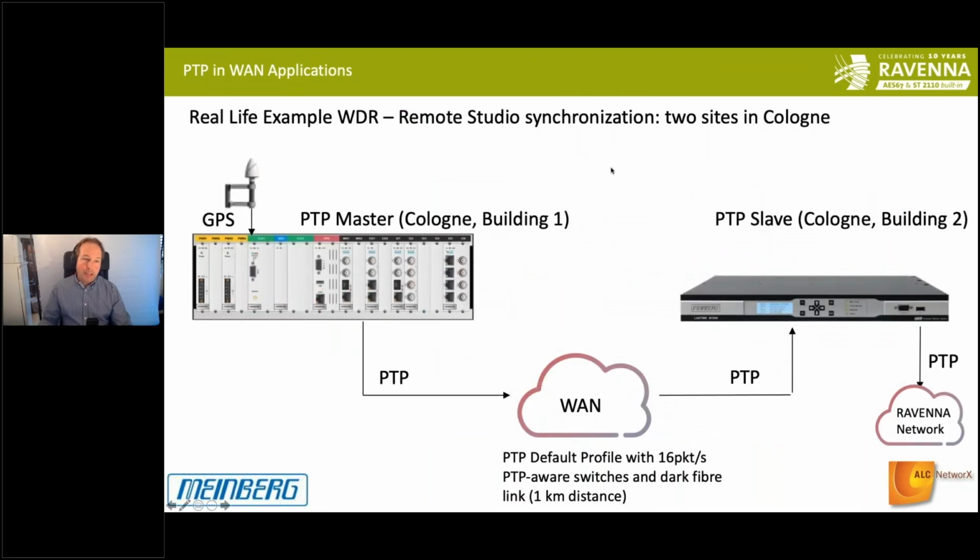So now I would like to show you a real-life example that we did together with the broadcast station WDR in Cologne. And we have 2 scenarios. This is a network that is installed all across the state of North Rhine-Westphalia in Germany.